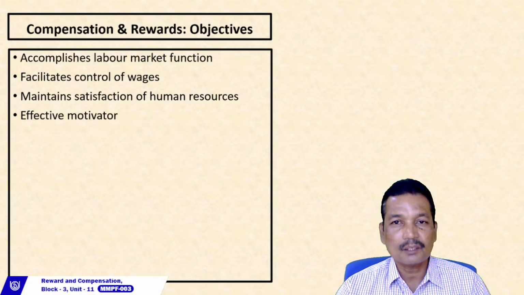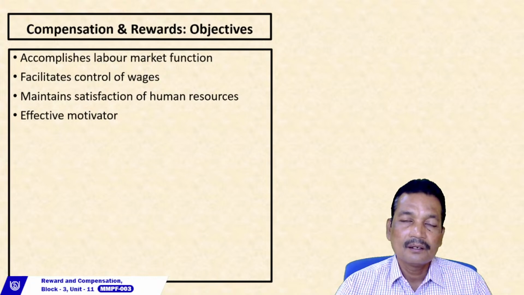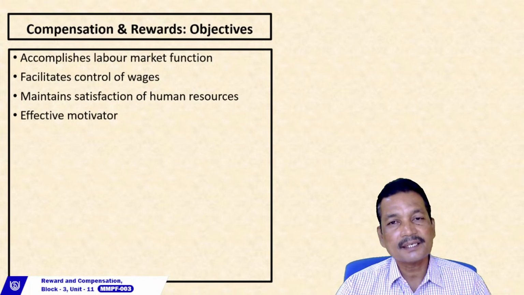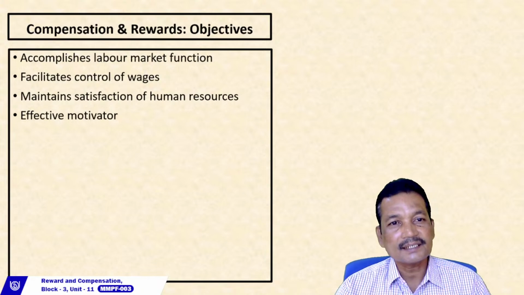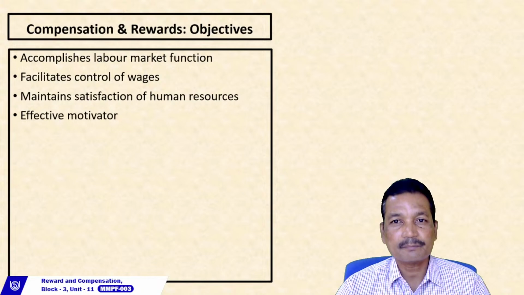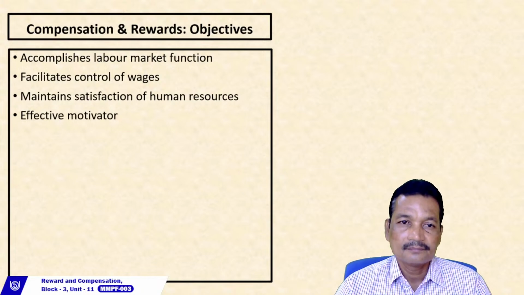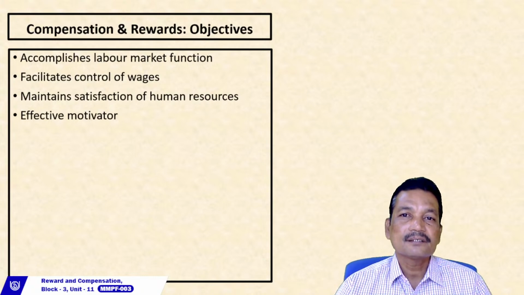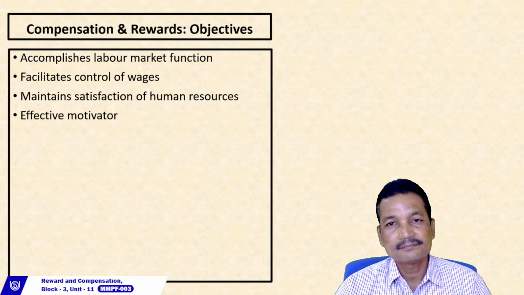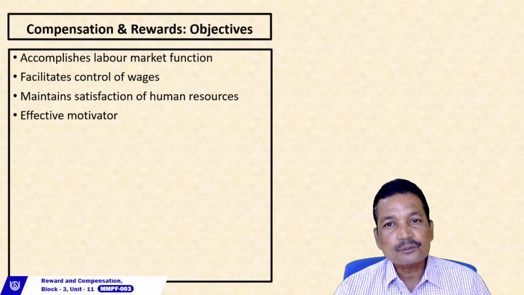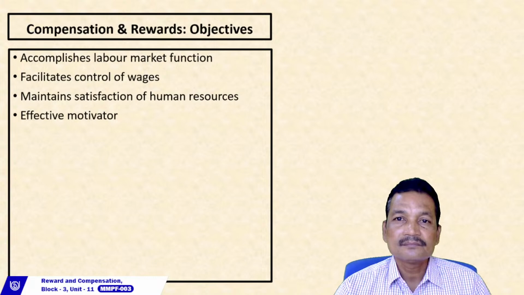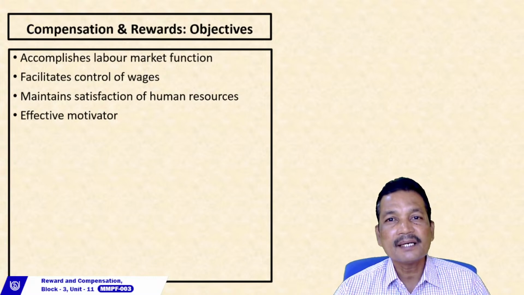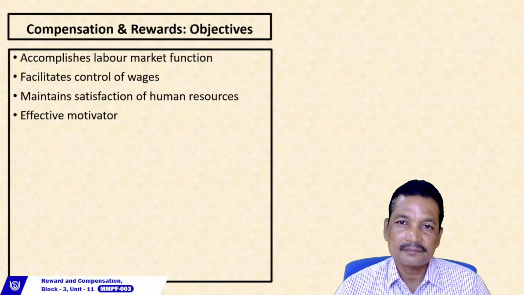Every laborer, worker, or employee wants better compensation and rewards as per their skill set. So that is achieved by the compensation and rewards plan of the organization. This also helps to control the wages. Organizations do not compete among themselves to increase the compensation and rewards plans, so that employees will not be jumping every now and then to another company.